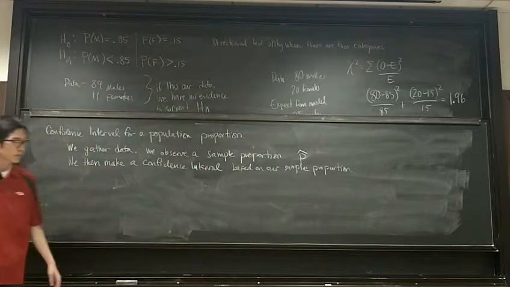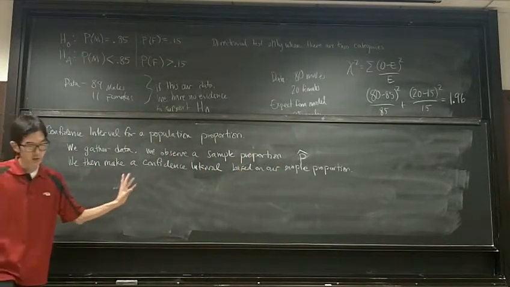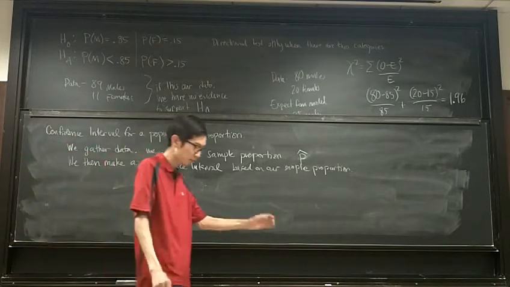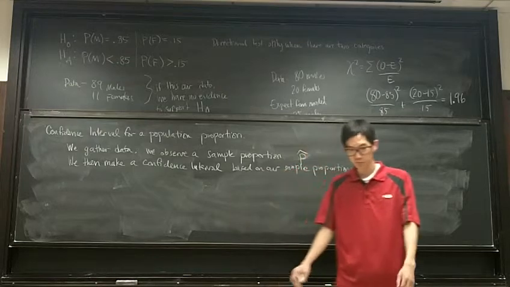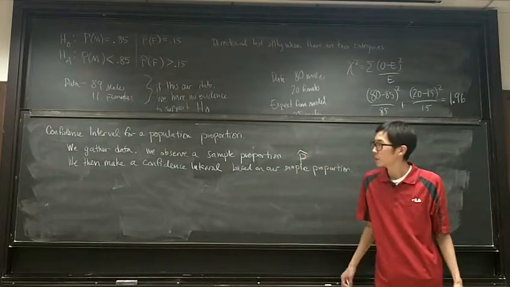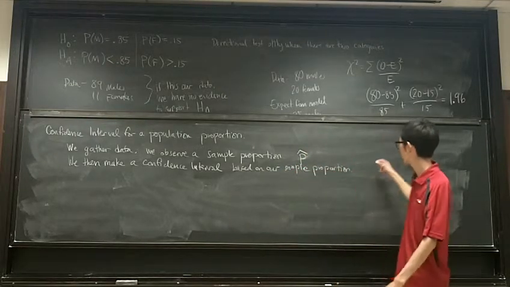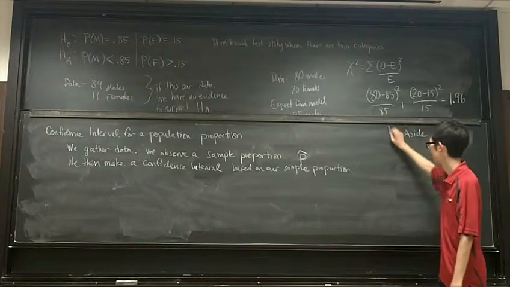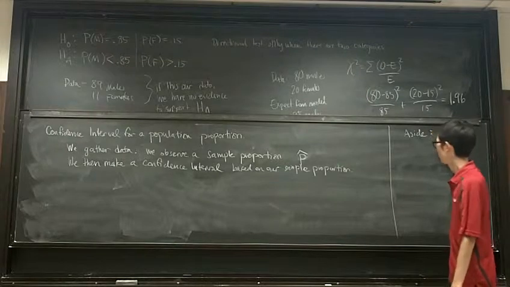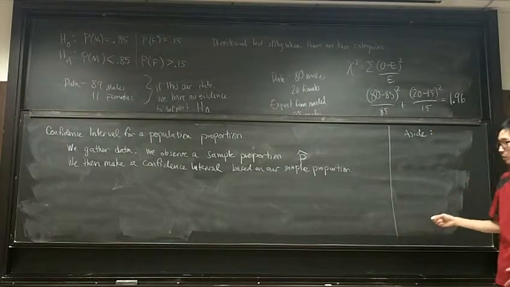Now, our book does something a little bit unique compared to other statistics textbooks, but we'll follow what it does. This is just an aside, so you don't need to memorize it.